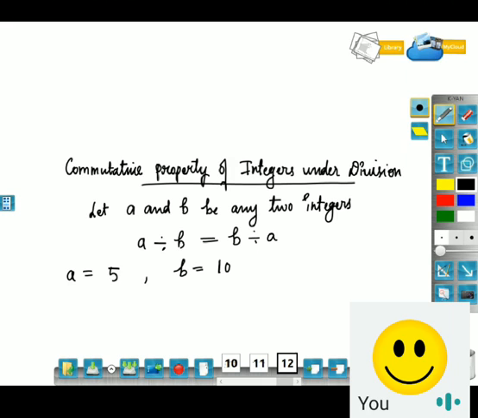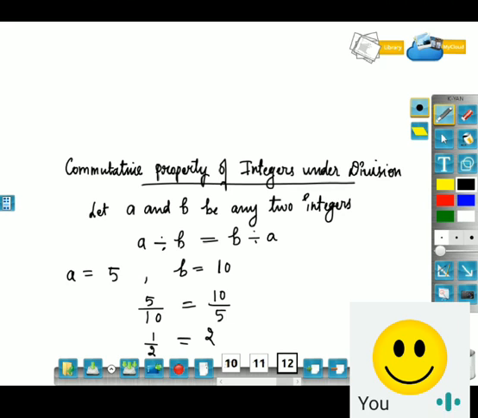On putting a equal to 5 and b equal to 10 in the given equation, the left hand side is 5 divided by 10, and the right hand side is 10 divided by 5. 5 divided by 10 is 1 by 2, and 10 divided by 5 is 2. Now my question is, is 1 by 2 equal to 2?